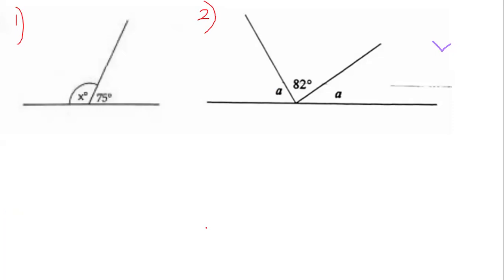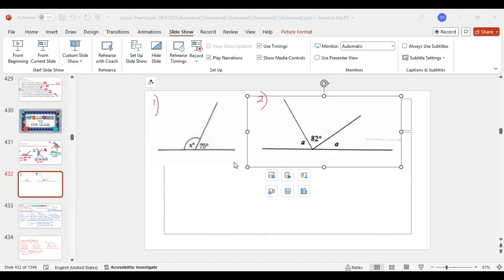All right. That's number 2. So just find the value of the letters, right? Find the value of the marked letters. That's basically the instructions.